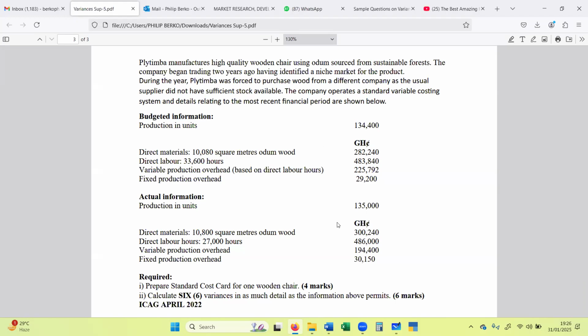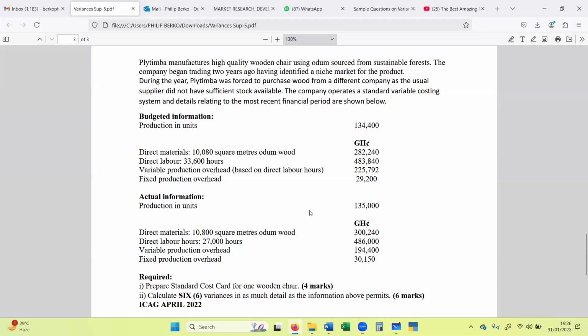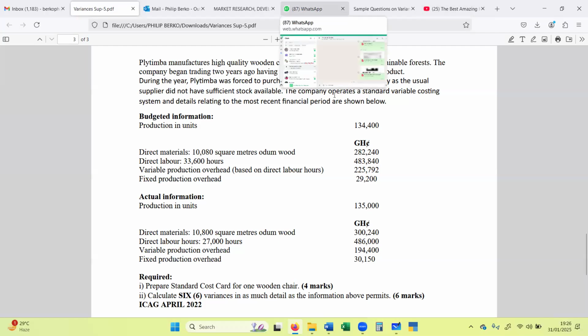Ply timber manufacturers, we solved it. So please go and try all this and you'll be good.